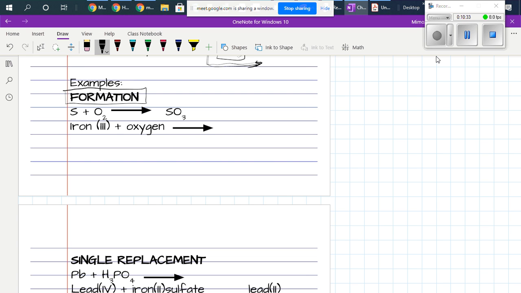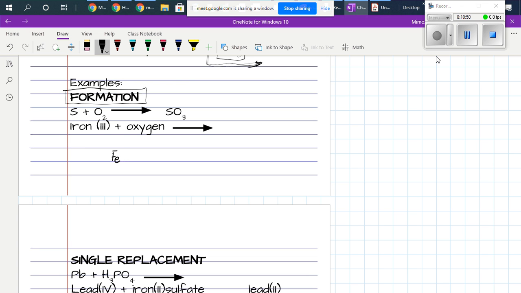And now iron 3 and oxygen. As you may remember from what we said yesterday, iron is one of those that is known as a polyvalent or multivalent element.